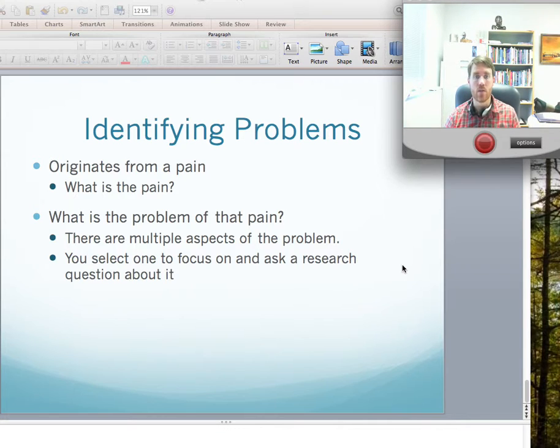And so we created a survey that measured according to that definition, thereby addressing that pain of providing principals with a quantitative scale of implementation of the culture of their school according to PLCs. So we selected one aspect of that problem, even though we could have picked multiple aspects, and focused on it and asked the question. My questions were: what is the definition of a professional learning community, and how do we measure it?